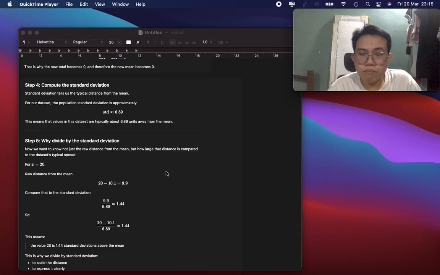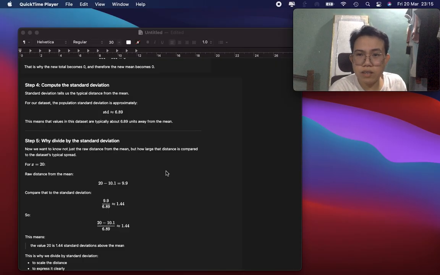Because we are taking the typical value and comparing it to the specific values in the data set, taking its ratio, to see how many of this typical value this value is.